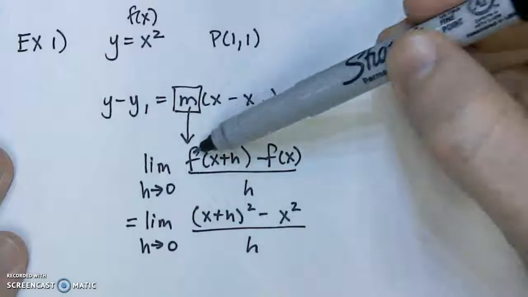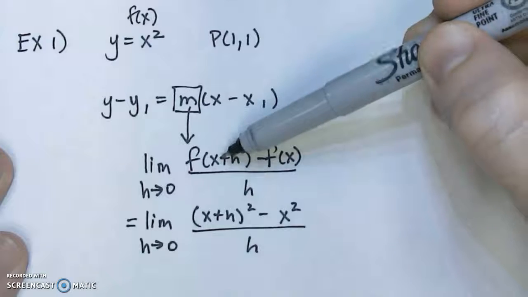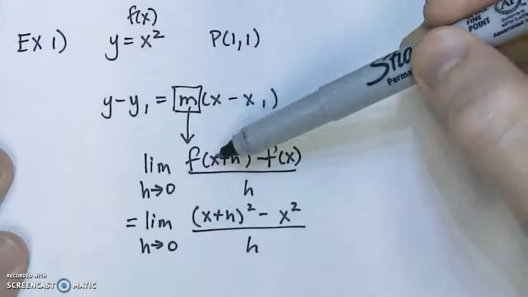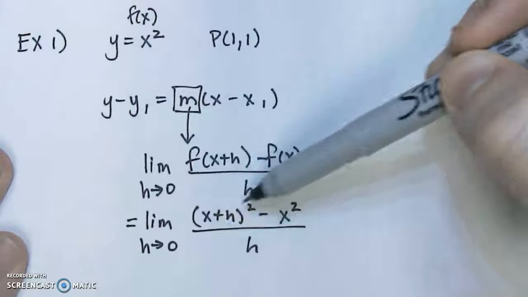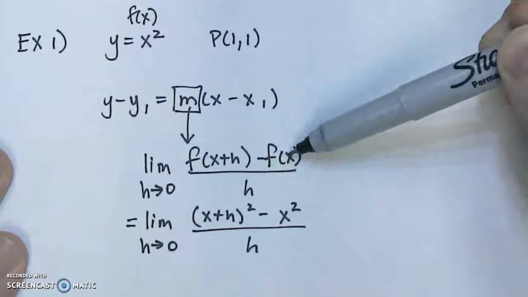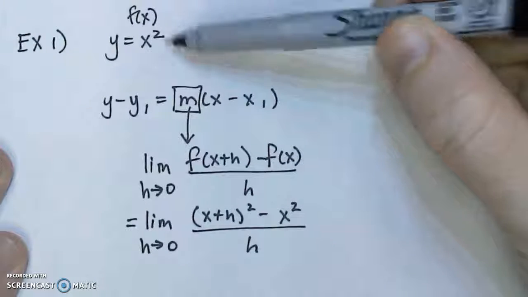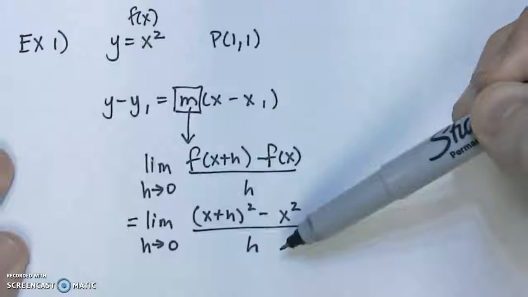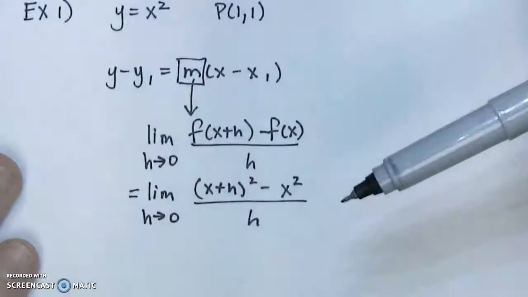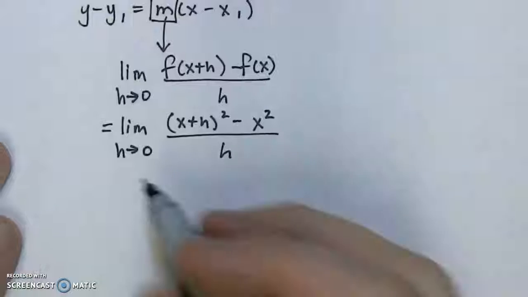When you see f of x plus h, that means you're taking f, which is x squared, and plugging in the input x plus h. So we have x plus h squared, minus the function with input x, so just x squared, all divided by h. Then on top, it looks like we need to FOIL our x plus h.